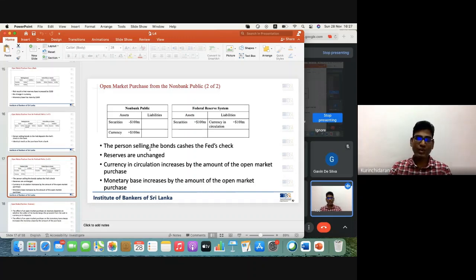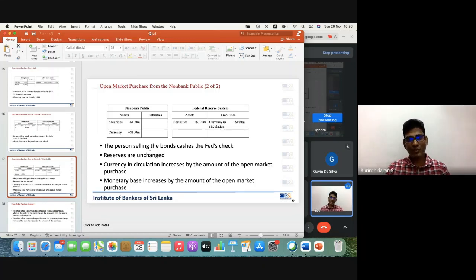So you should be able to understand why open market operations are needed and what is happening to the money supply when the central bank purchases the securities from the bank as well as the non-bank. When you say non-bank, you assume the non-bank public. Okay, is that clear?